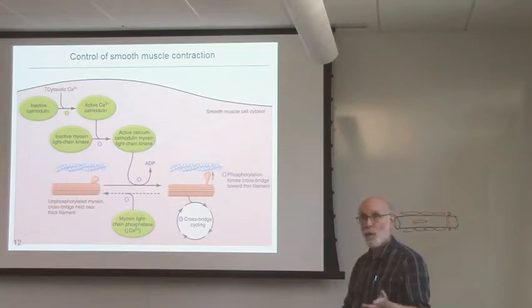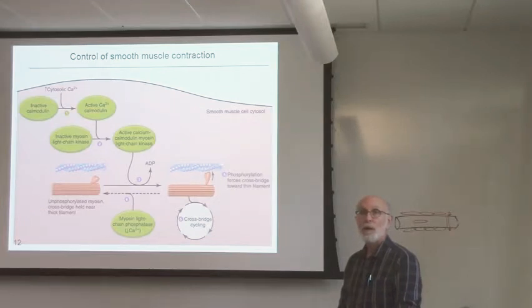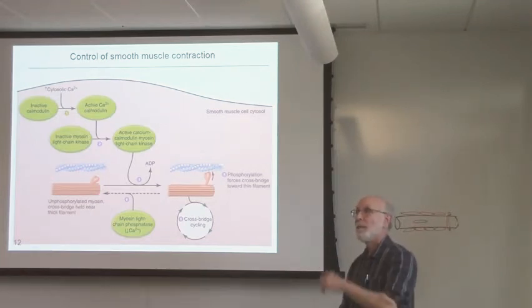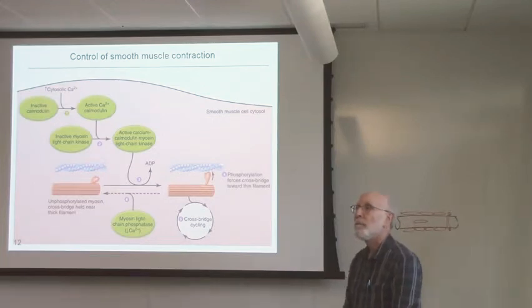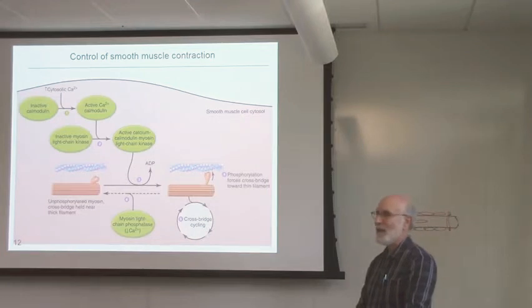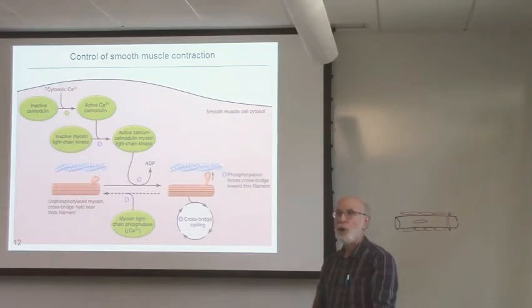So a hormone or a neurotransmitter that activates GQ coupled receptors can cause the contraction of smooth muscle. That is a key point. What's another mechanism? Ion channels, a specific ion channel. A voltage-gated calcium channel can also trigger enough calcium to cause the smooth muscle to contract.